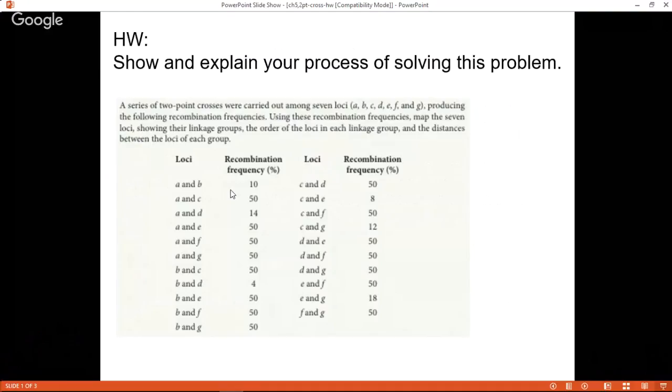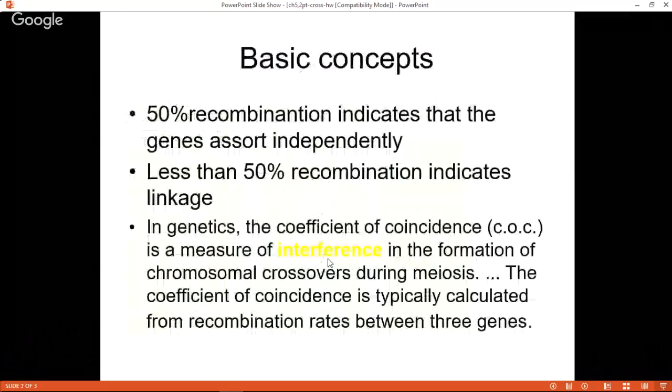So here are the loci, the recombination frequencies, and then we have 2 groups, 7 loci. Here are some basic concepts that you need to know in order to work out the problem. 50% recombination indicates that the genes assort independently. Less than 50% recombination indicates linkage.